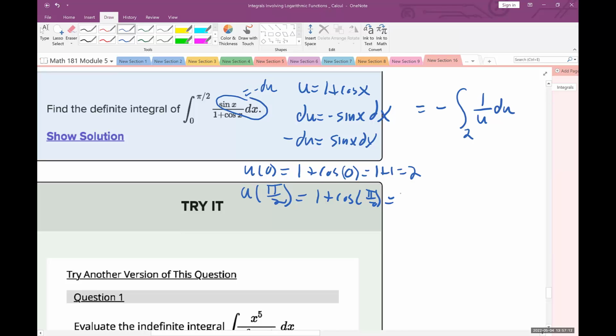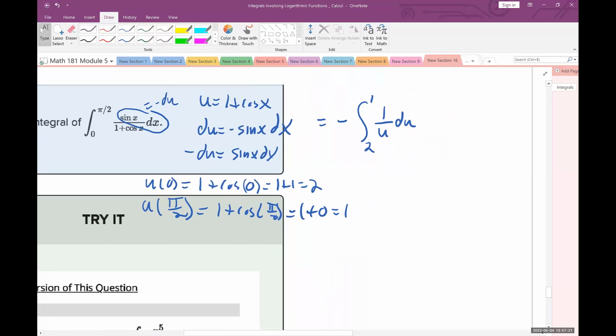I feel like we should play the circle game. 1 plus 0, so it's 1. Okay, so we're going to evaluate this. And we get negative... What's our antiderivative of 1 over u?